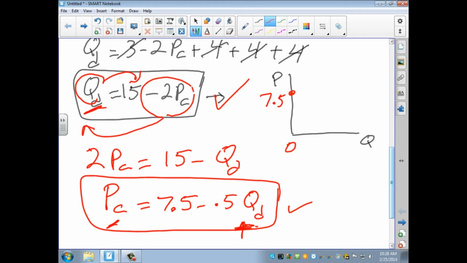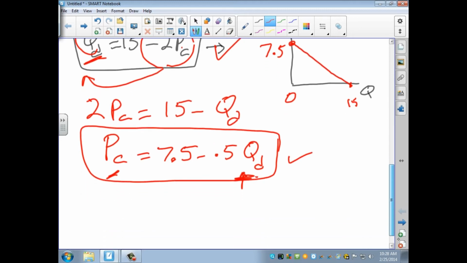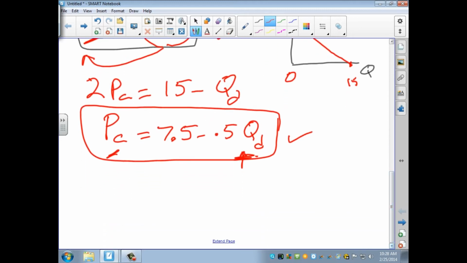And you come up here, if price is 0, quantity demanded would be 15. Let's say 15 is here. And you connect the 2 points together, this would be the demand between 7.5 and 15. Okay? Now we will continue with the supply function.